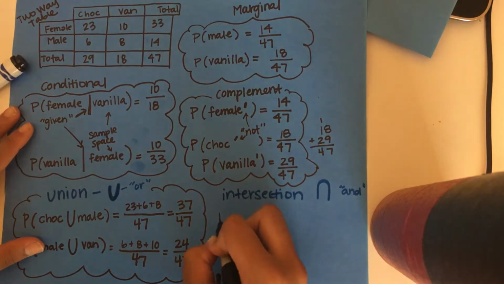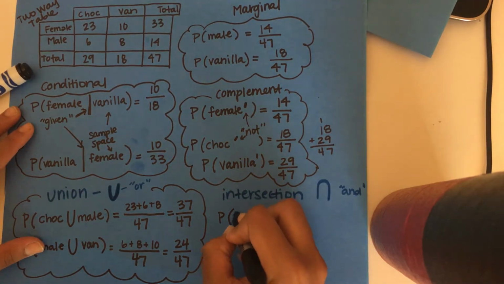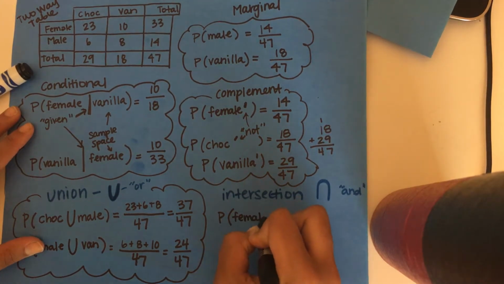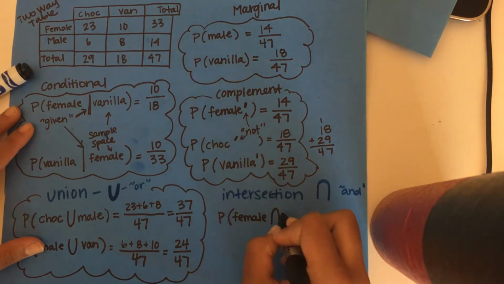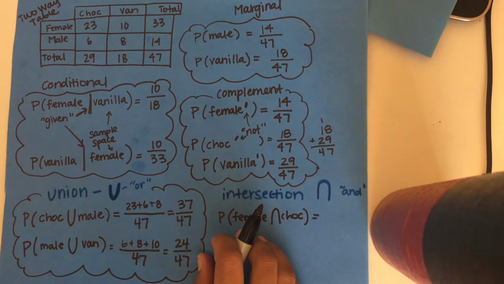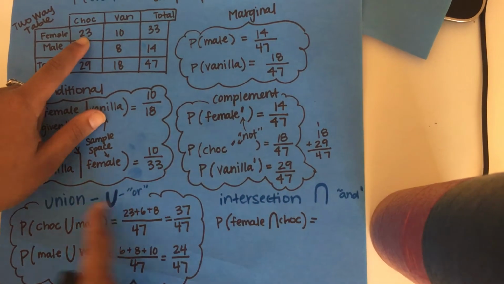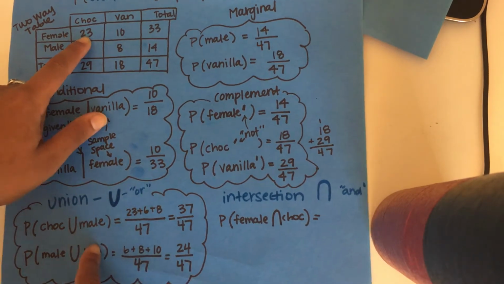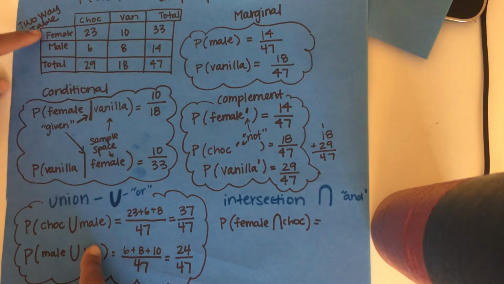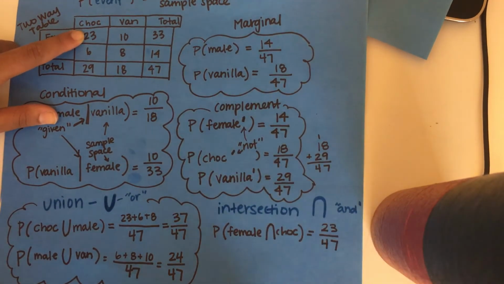So if we wanted to talk about the probability that someone is female and likes chocolate, well, we look for just the person that is female and likes chocolate. We're not talking about both. We're not talking about or. We're talking about just female and likes chocolate. And only 23 people fit that condition.